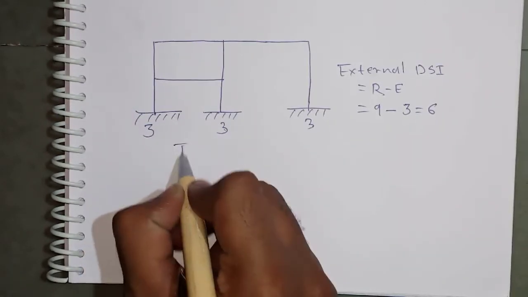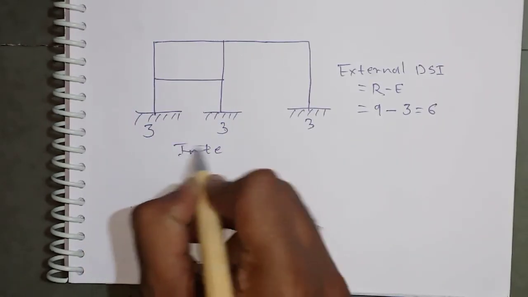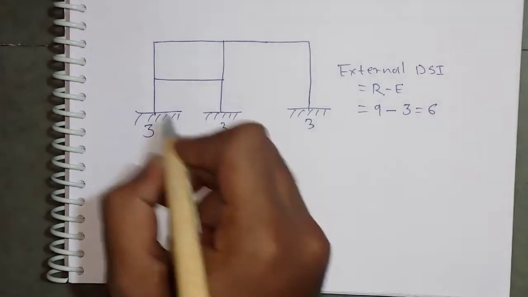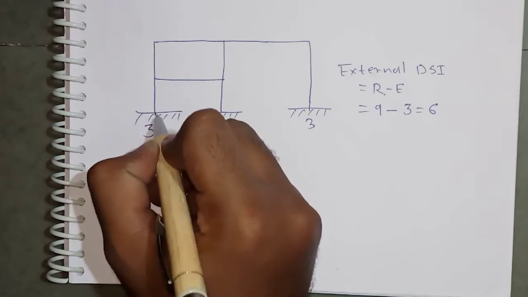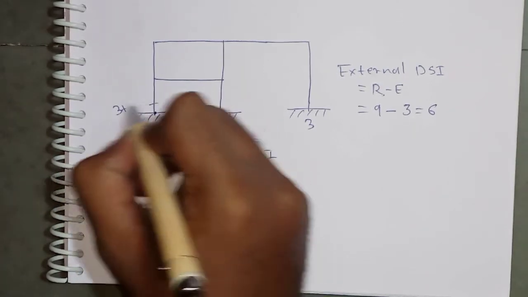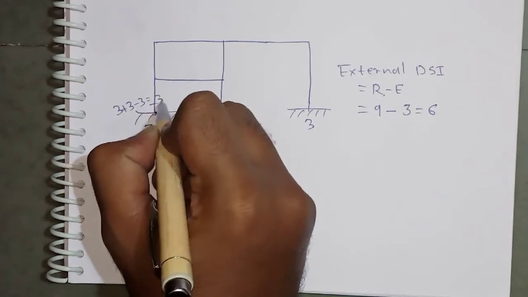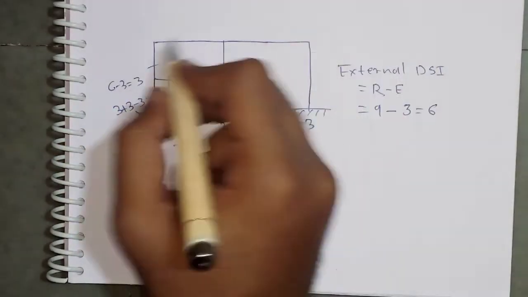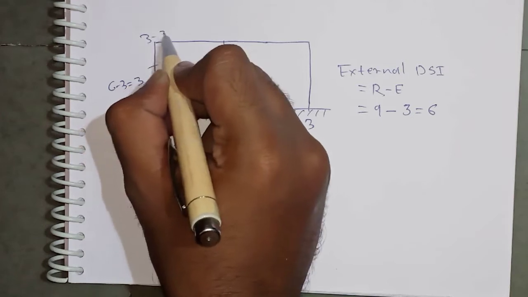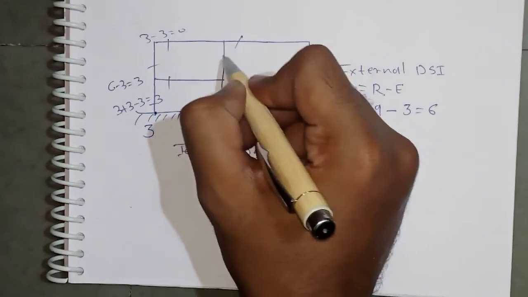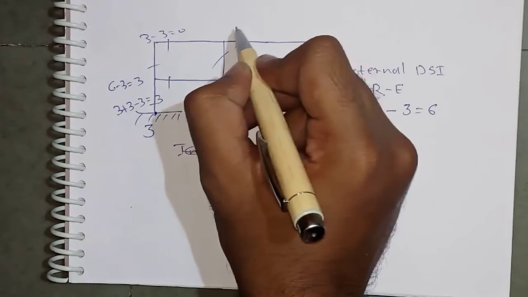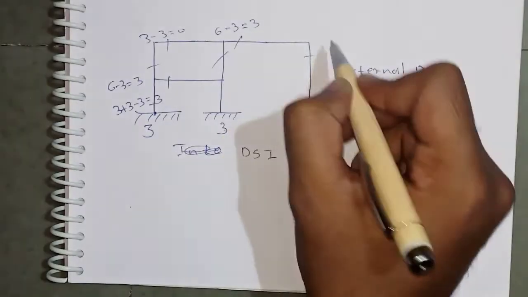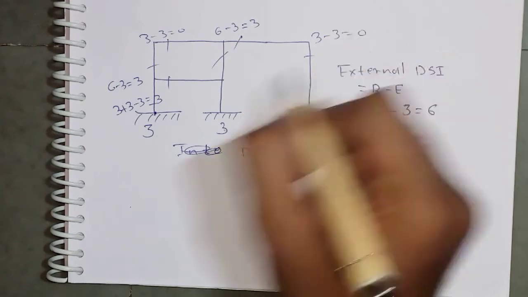For internal, first we will find total DSI by our method. At this joint, 3 plus 3 member forces minus 3 equal to 3. This joint, 3 plus 3, 6 minus 3 equal to 3. Here 3 minus 3 equal to 0. 3 plus 3, 6 minus 3 equal to 3. Here 3 minus 3 equal to 0.